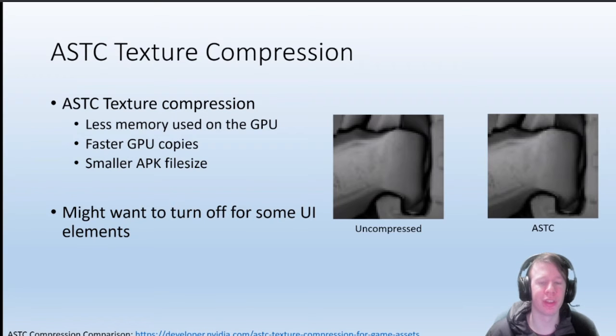There's a picture I got from NVIDIA's website comparing the two, and you can see there's a little bit more detail in some of the specs, and some of the curves look a little bit better in the uncompressed, but unless you're really, really close to textures, you're not going to see the difference at all.